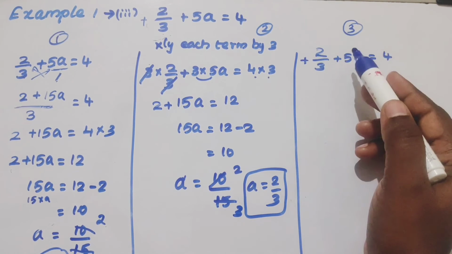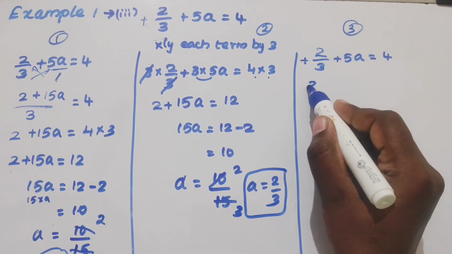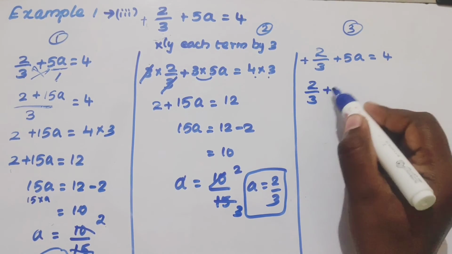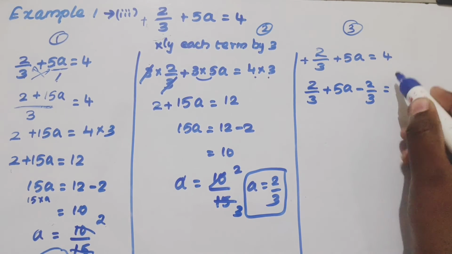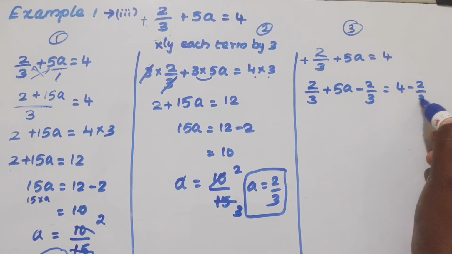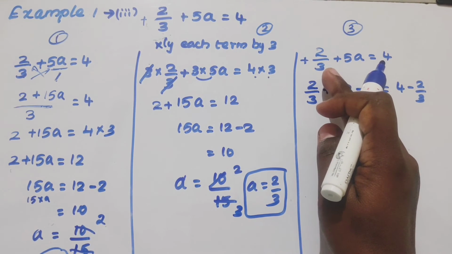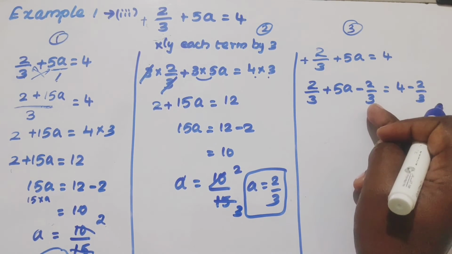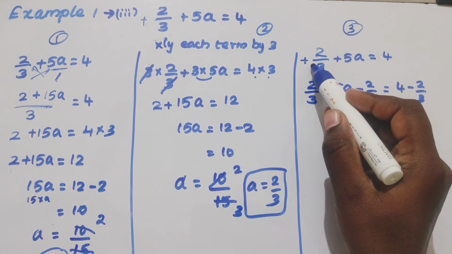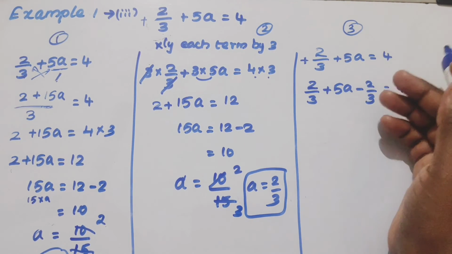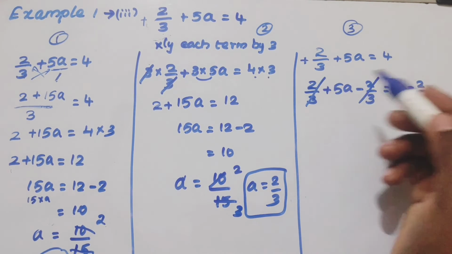Therefore, we need to minus 2 by 3 on both sides. So 2 by 3 plus 5a minus 2 by 3 equal to 4 minus 2 by 3. If the constant is in plus, put minus that constant on both sides. If the constant term is in minus, put plus constant terms.